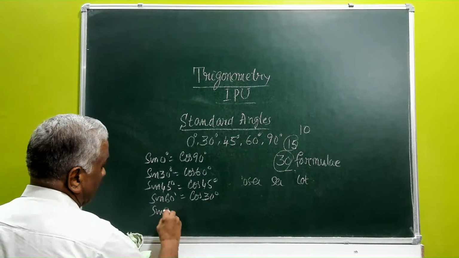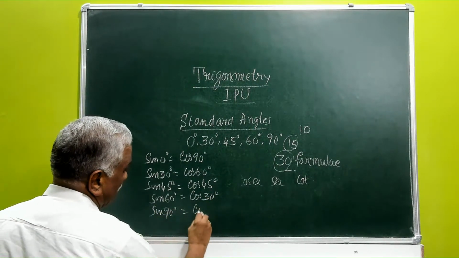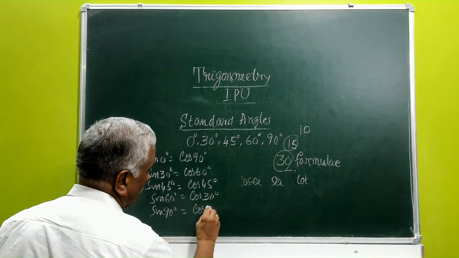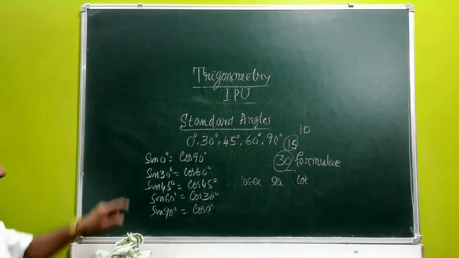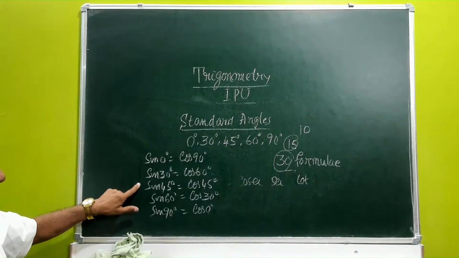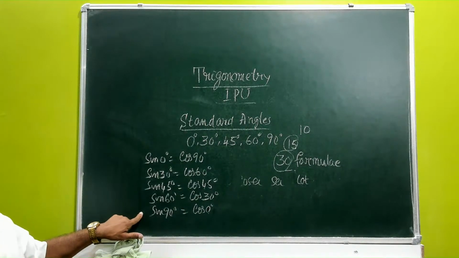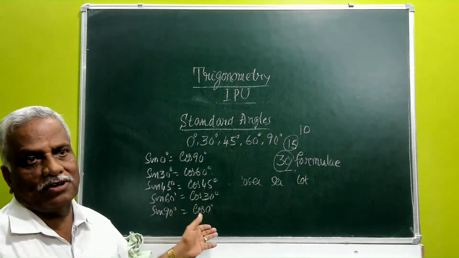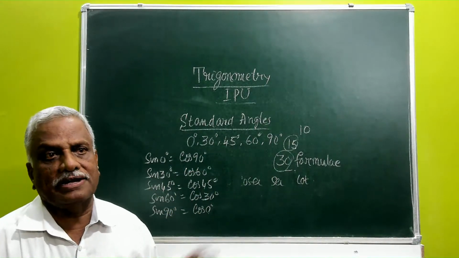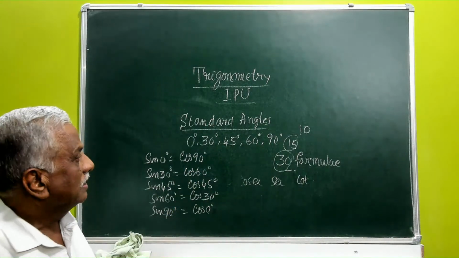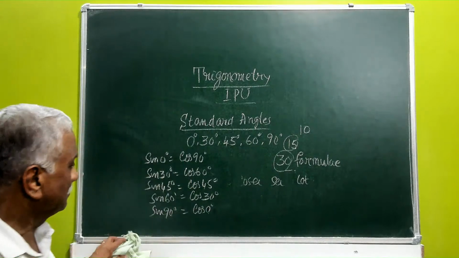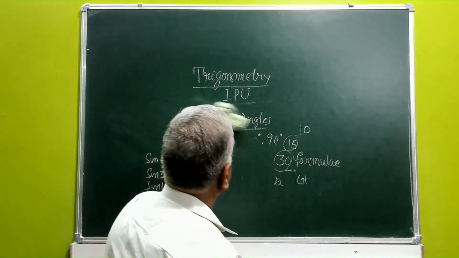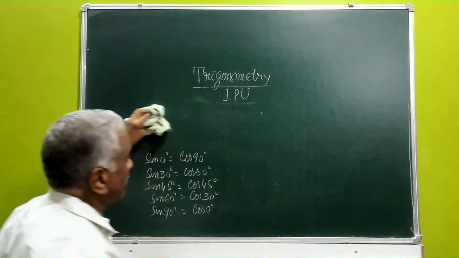And sine 90 degrees is same as cos 0 degrees. So if you remember sine 0, sine 30, sine 45, sine 60, and sine 90, automatically you can remember the remaining 5 cos. Once you remember cos and sine, you can remember tan. So if you remember just 5 formulas, you can work any problem of standard angles.